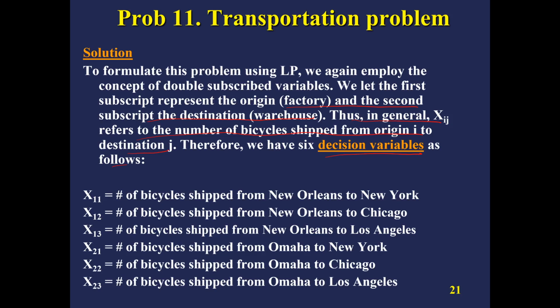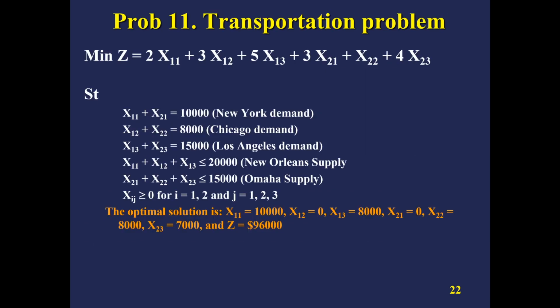These are the different variables from sources to destinations. X11 is the number of bicycles shipped from New Orleans to New York. X12 is the number of bicycles shipped from New Orleans to Chicago, and so on.